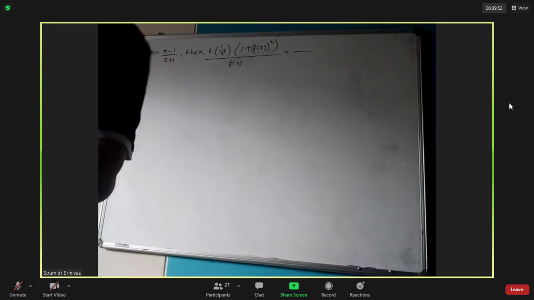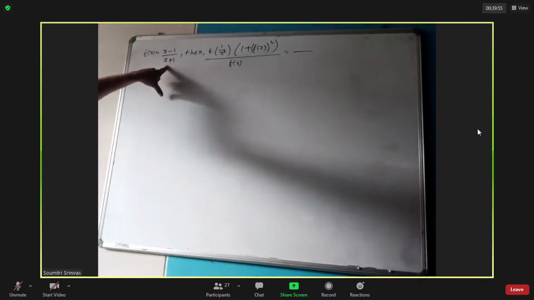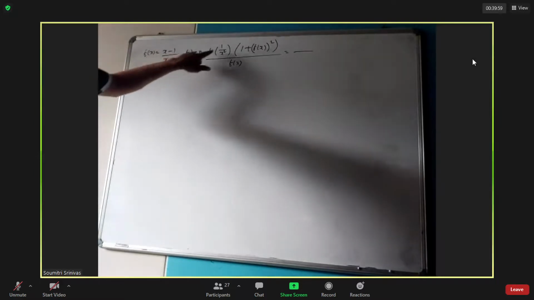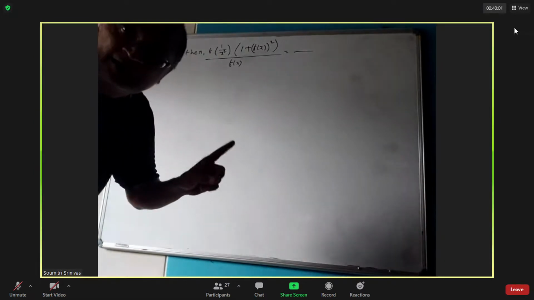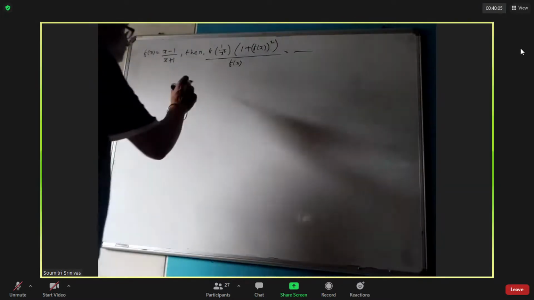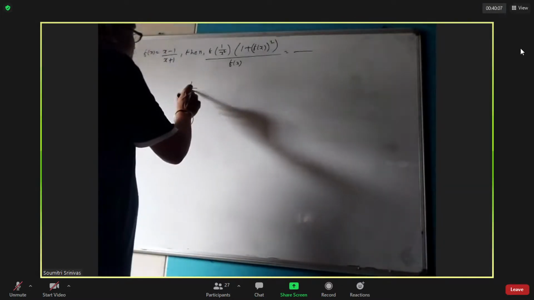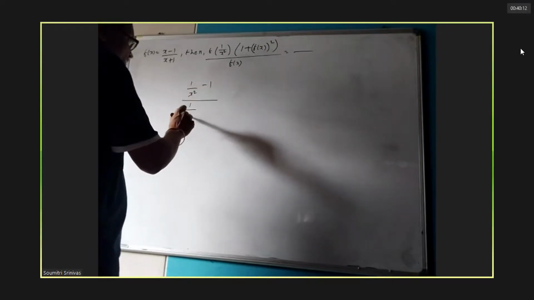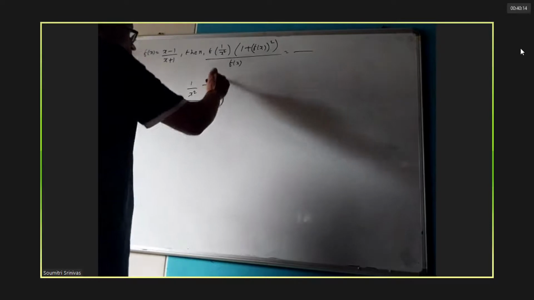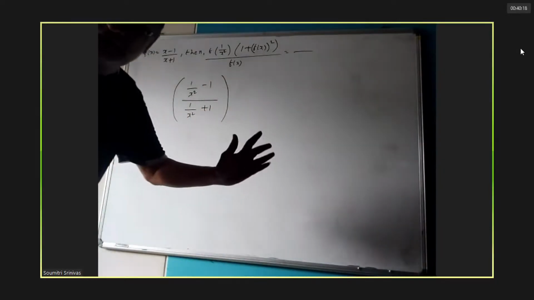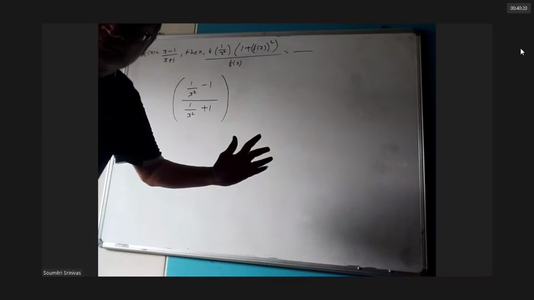In this function, wherever x is there, you replace it by 1 by x square. So what does it give you? 1 by x square minus 1 upon 1 by x square plus 1. Children, is this clear? Yes, sir.